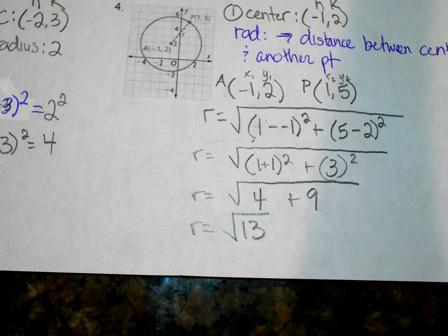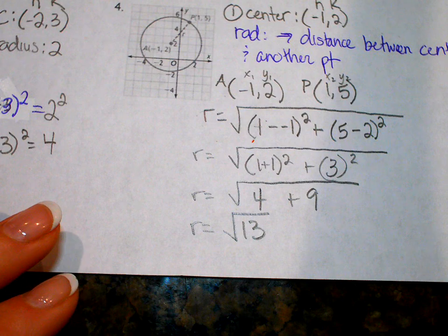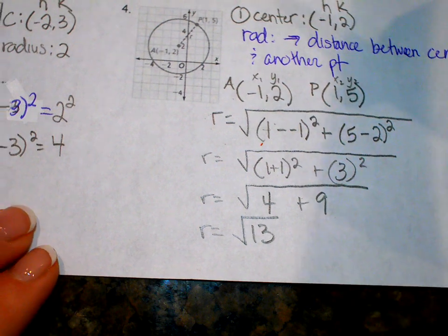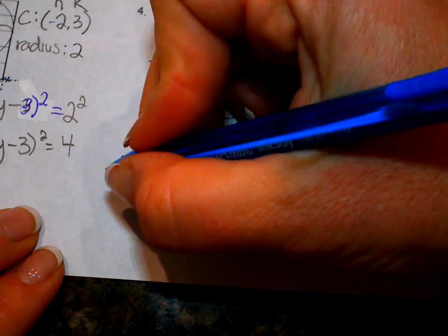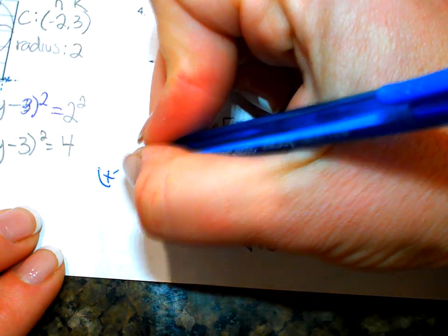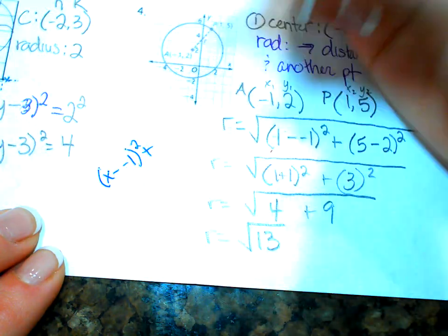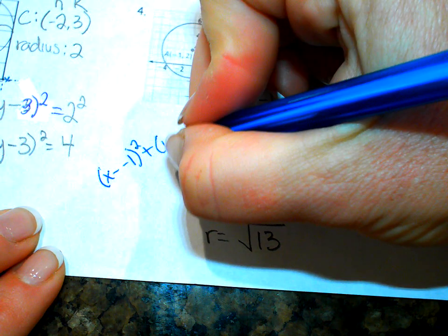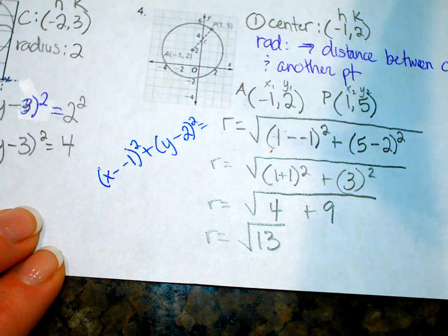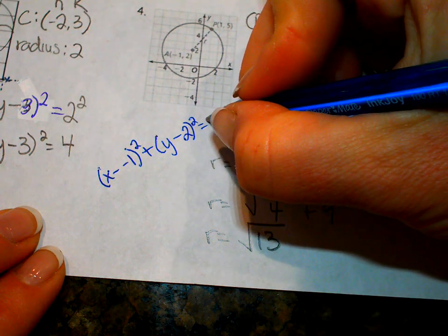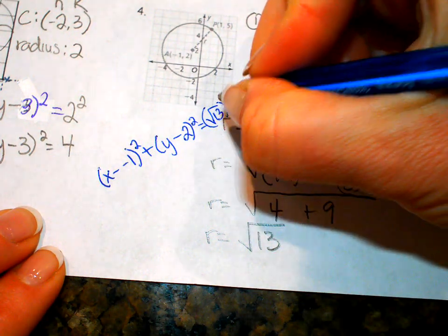So here I go. My formula is, let's go sideways. (x − h), (x − (−1)), plus (y − 2), equals radical 13 squared.